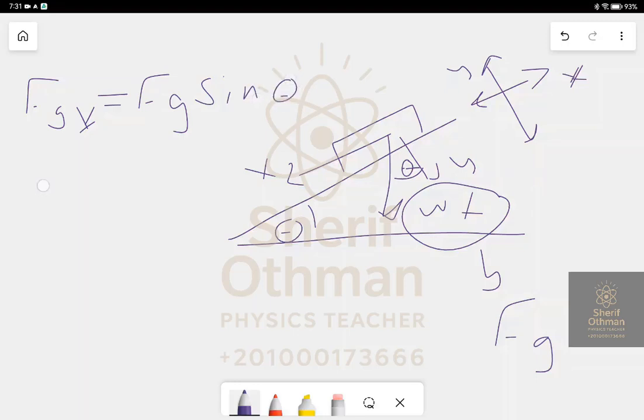While Fgy, of course, is equal to Fg cosine theta. So now, guys, we have two forces, one of them downward and the other one to the left, according to the gravity, the weight.